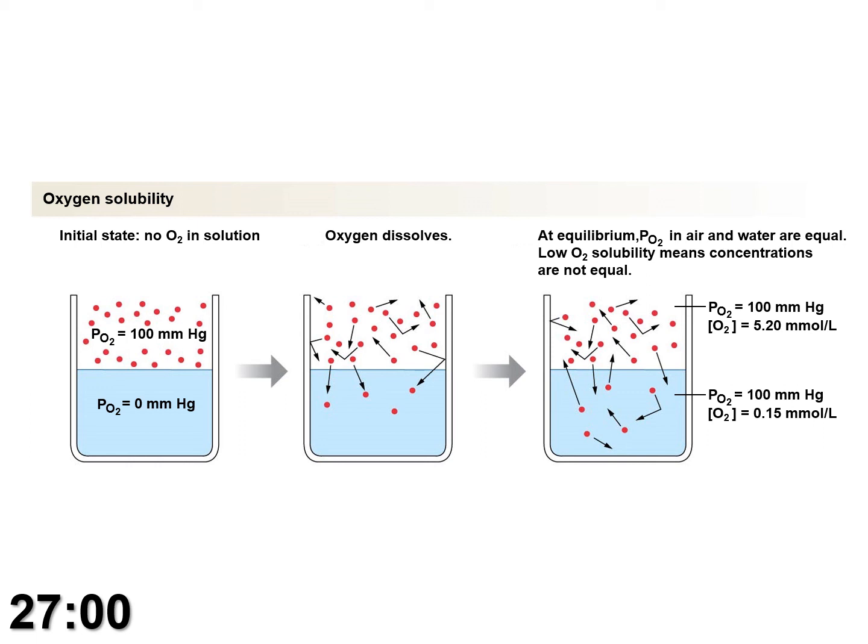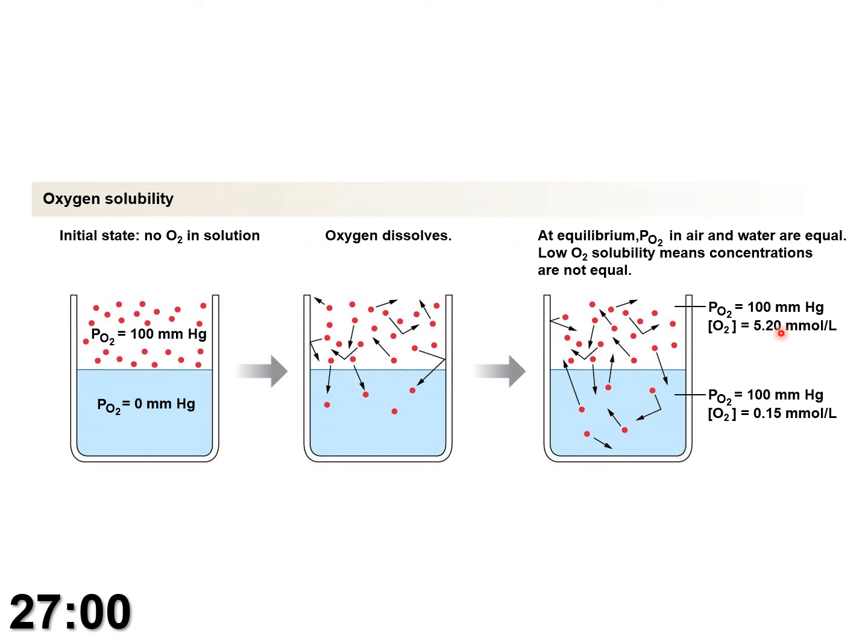But notice something. The actual concentration in terms of millimoles per liter is much lower than in the atmosphere. In the atmosphere, it's about 5.2 millimoles. In the water, it's about 0.15 millimoles. That's about 3%.